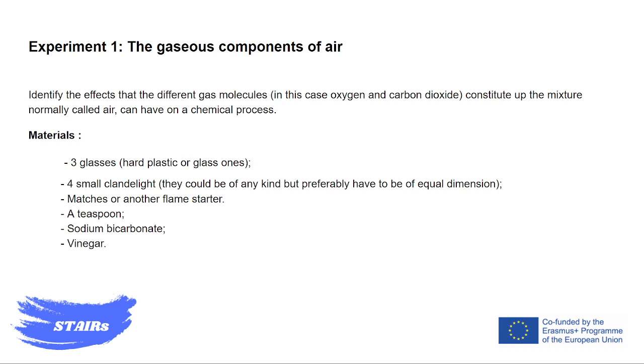This will help us to identify the effects that the different gas molecules, in this case oxygen and carbon dioxide, constitute in the mixture normally called air. And each one could have a different chemical process with other materials.